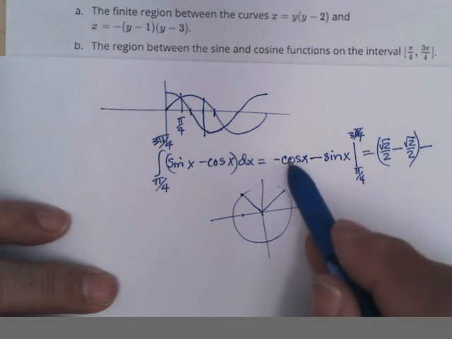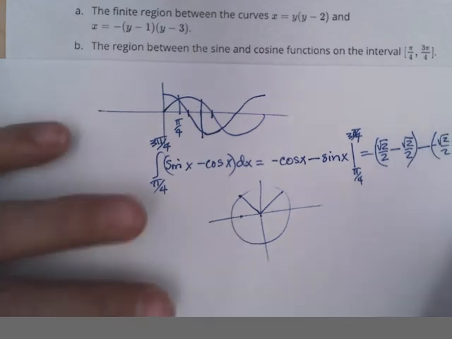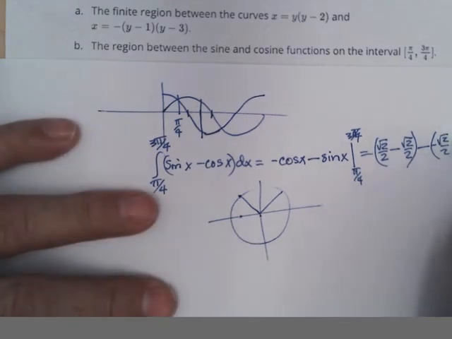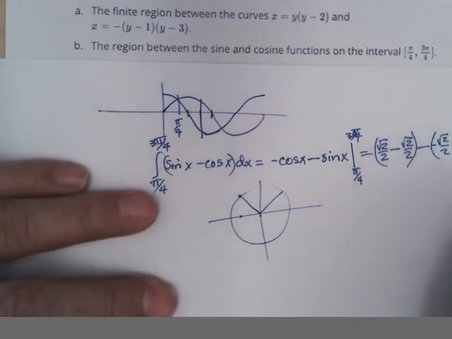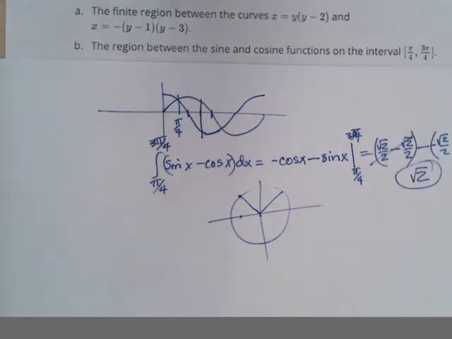They're both the same, so I'm going to get square root of 2 over 2 minus negative square root of 2 over 2, which turns out to be square root of 2. And we could check that again with the calculator, but that should be it.